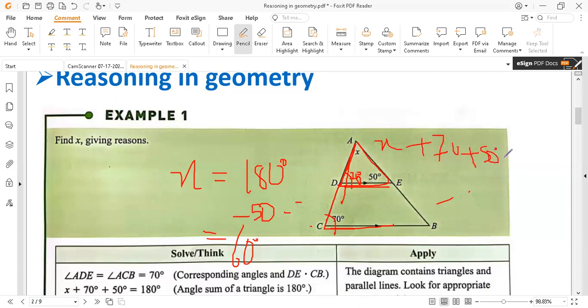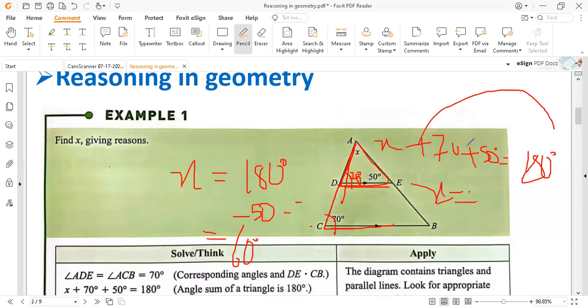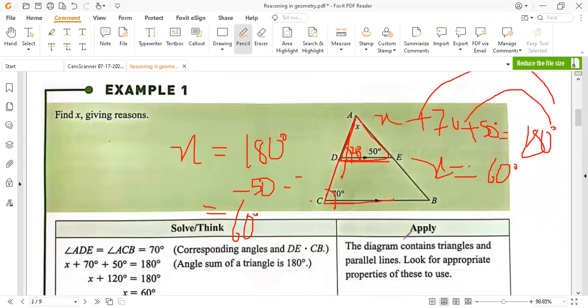So we obtain a simple equation, and we can easily find that x equals 180 minus 70 minus 50. We obtain the same value, 60 degrees. So in geometry, we can find multiple ways to solve a problem; it is not a unique way.